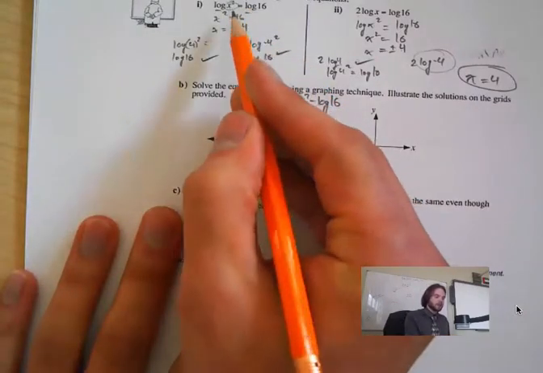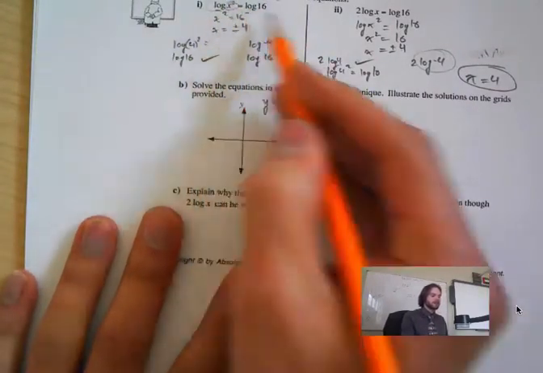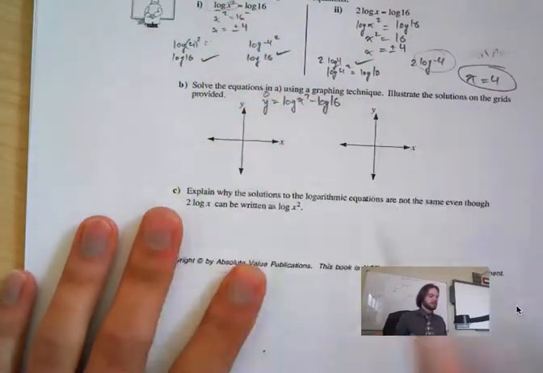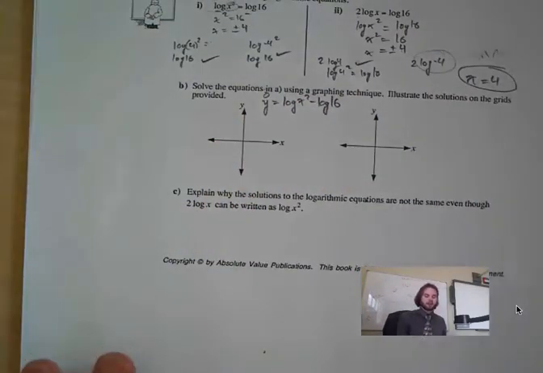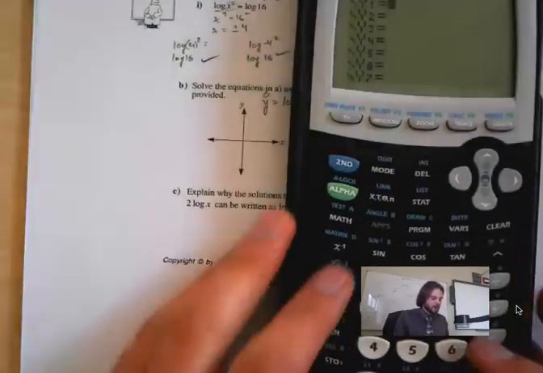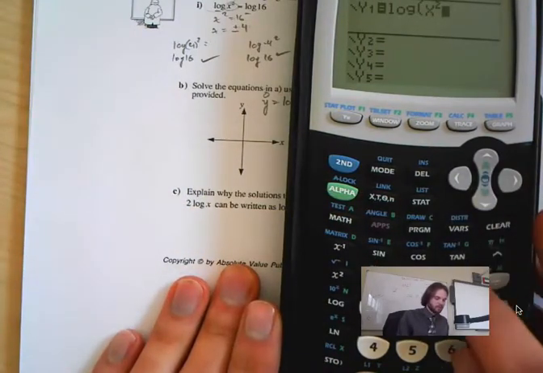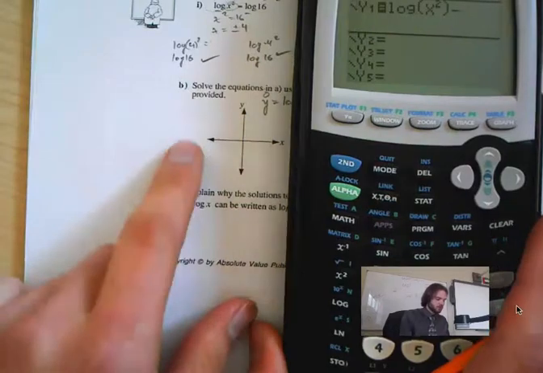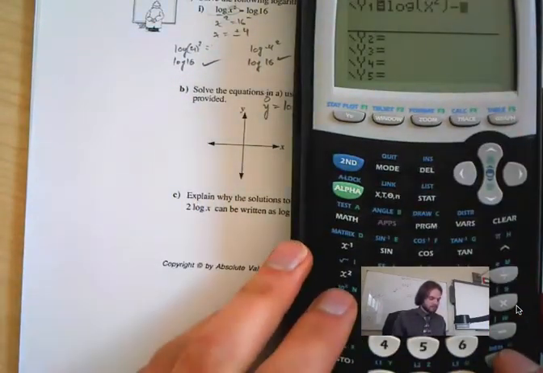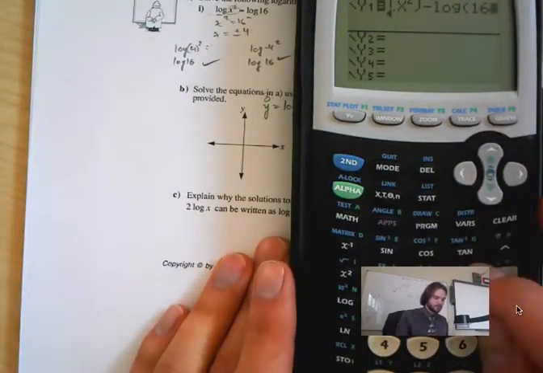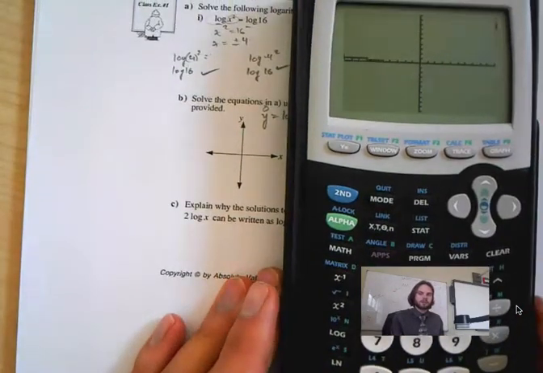All I did was put everything onto one side and make it equal to 0, so we're finding my zeros. Just put that in: log x squared, bracket, and we're going to subtract log 16. That's my bracket, and I'm going to graph it.